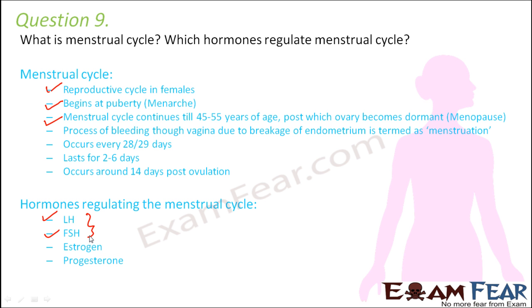That in turn will determine when the egg will be produced, so ovulation will take place. Similarly, estrogen and progesterone, the progesterone actually determines the thickening of the endometrium. So all these things are related. These hormones regulate the menstrual cycle. If the balance of any of these hormones is disturbed, then the menstrual cycle might get disturbed.